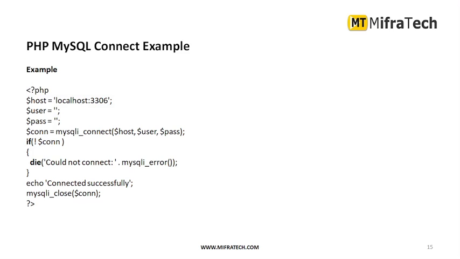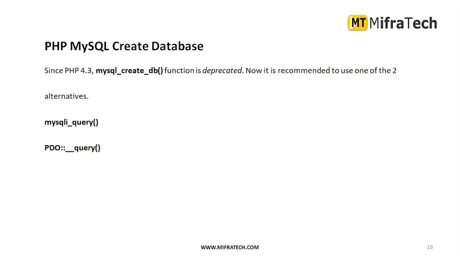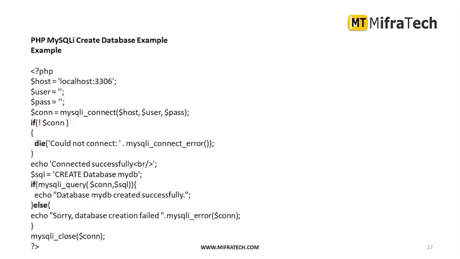We can give and mention the user and password. If not connected, die with could not connect and the MySQL error. It shows a fatal error; otherwise echo that the connection has been successful. Then MySQL close, connect.